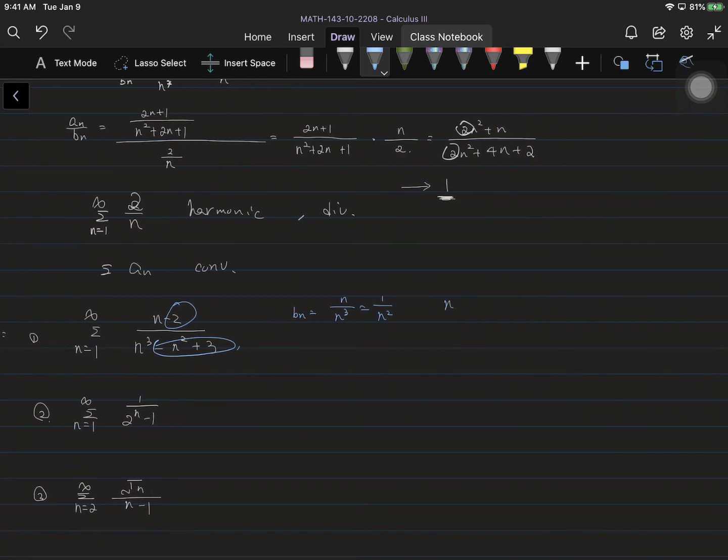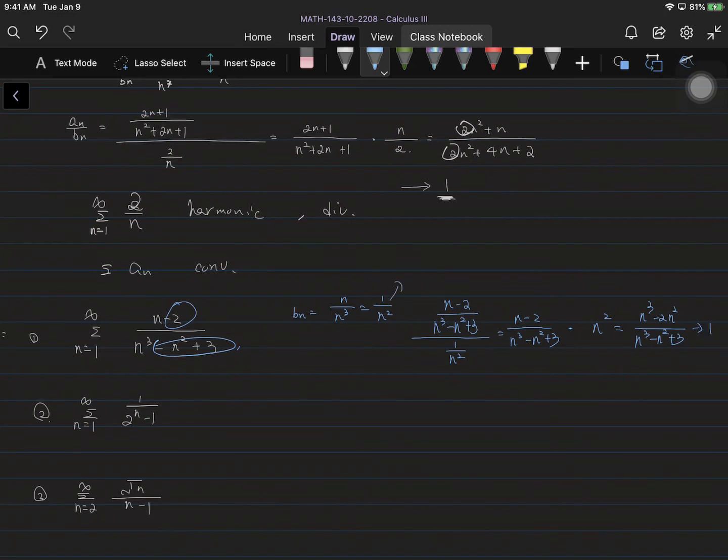That means we use An over Bn, which is n minus 2 multiplied by n squared. Simplify, and this becomes n cubed minus 2n squared over the n cubed term. The limit goes to 1, so they both converge or diverge.